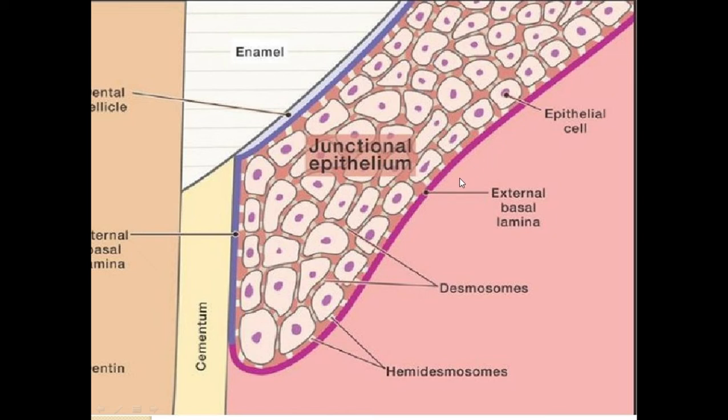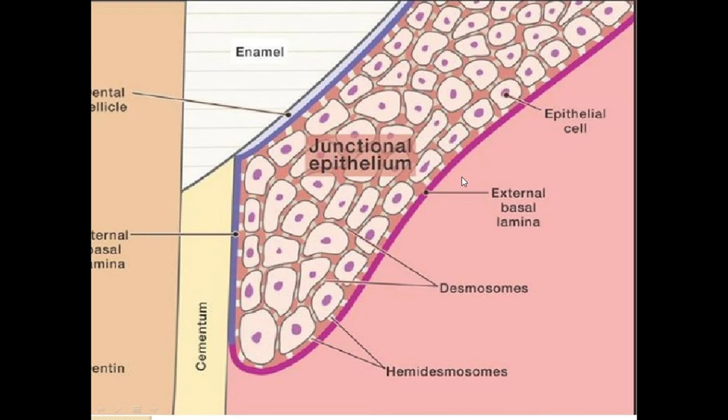This hemidesmosomal layer near the connective tissue is known as external basal lamina, and the same hemidesmosomal junction that is present near the surface of the tooth is known as internal basal lamina. So this is the structure of junctional epithelium.